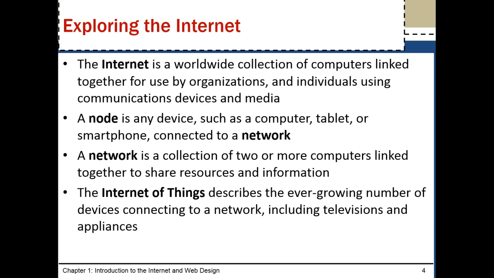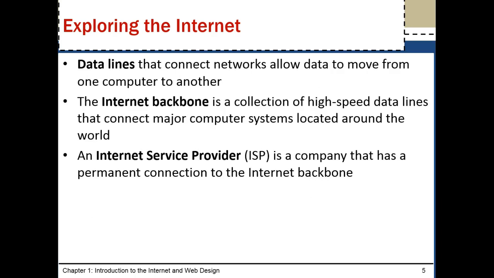The Internet of Things, which is a new phenomenon right now in the field of information technology, describes the ever-growing number of devices that are connecting to a network, including TVs and appliances, such as maybe you have heard about the smart home, smart cars, all of that are using the Internet of Things. Data lines that connect networks allow data to move from one computer to another computer.